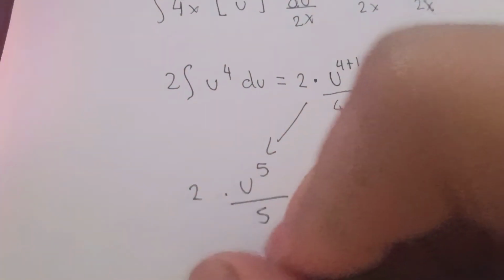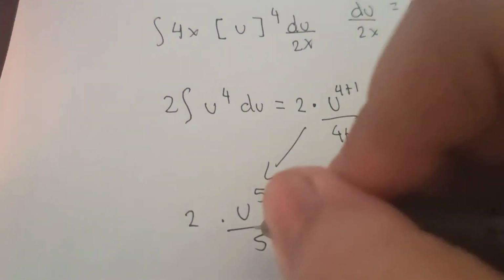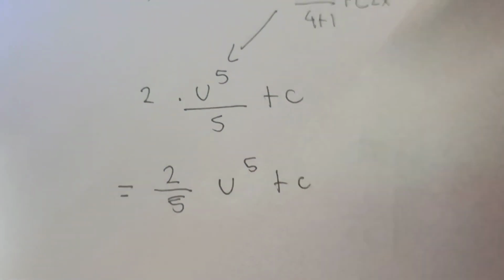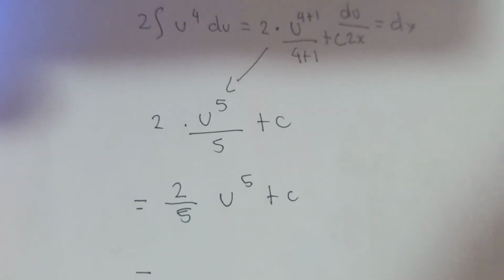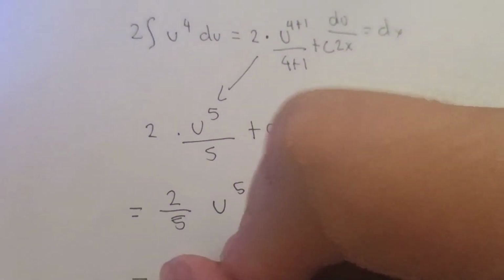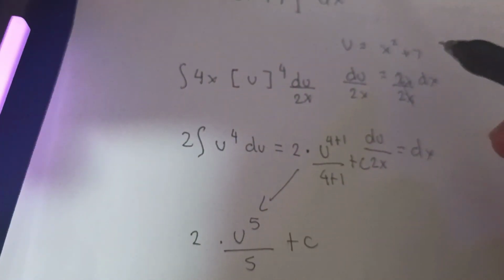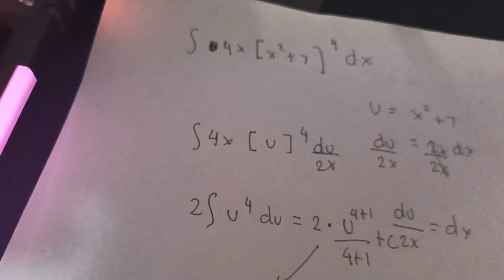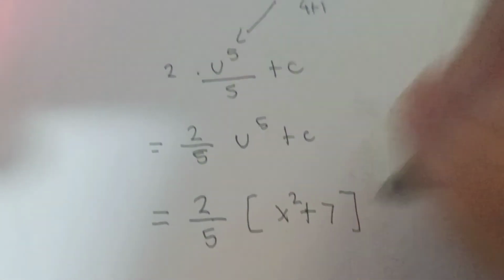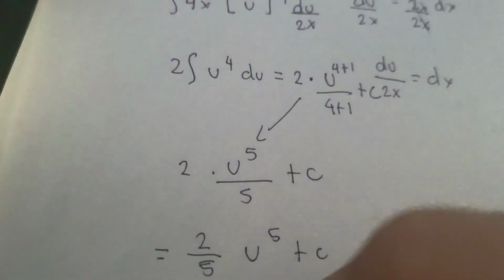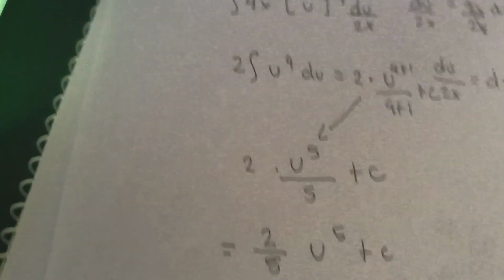And then the next thing we need to do is just multiply it, so it becomes 2/5 u to the 5th plus c, and then what we're gonna do now is substitute it back again, so it becomes 2/5 times what we had substituted a while ago, which is x squared plus 7, and then don't forget the 5th power here and the arbitrary constant. So this is the final answer.